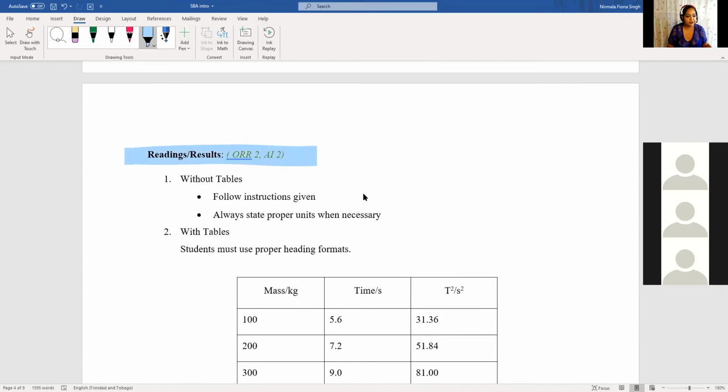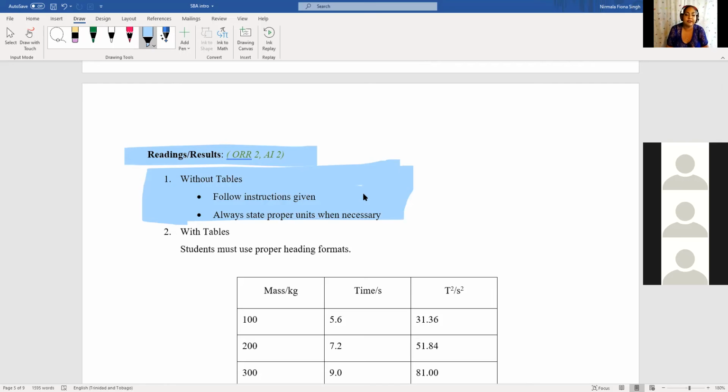Readings and results can contribute 2 marks to ORR and 2 marks to AI when necessary. Now we have readings. These are without tables. You're going to see what we mean with tables just now. Without tables, you have to follow the instructions given. I will write down the instructions in the method, how to write down your values on the board. I always do that. And state proper units when necessary. What are units?